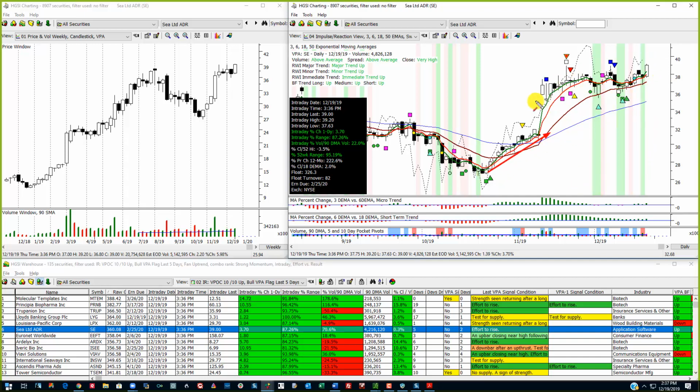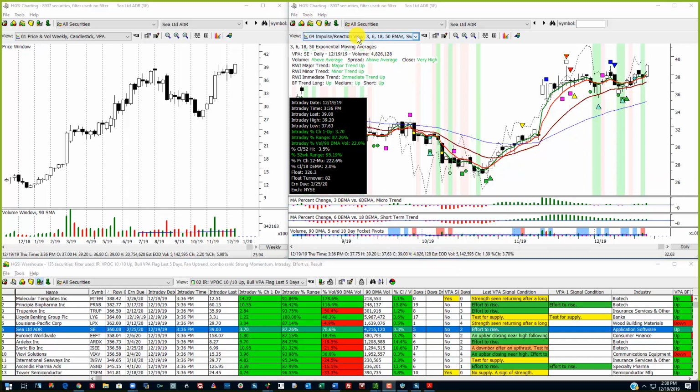It was expanding here, and it's been in contraction, and it pulled back here, and now it's breaking out, it looks like. A lot of stocks seem to be breaking out today. But this histogram shows the difference between the 3 and the 6-day exponential moving averages. This one between the 6 and the 18, and then these are the pocket pivots.